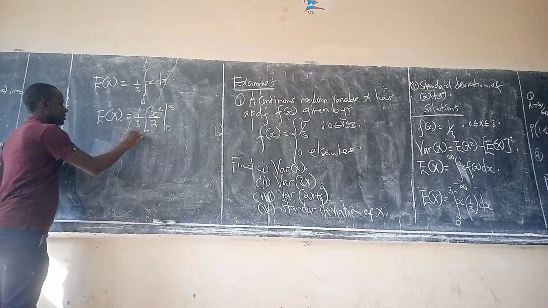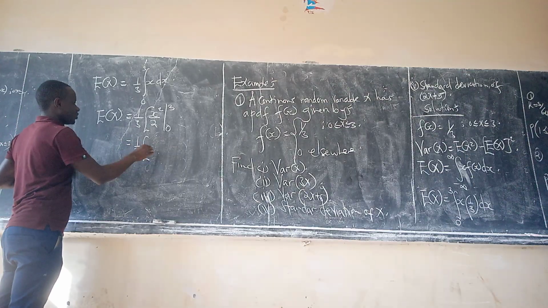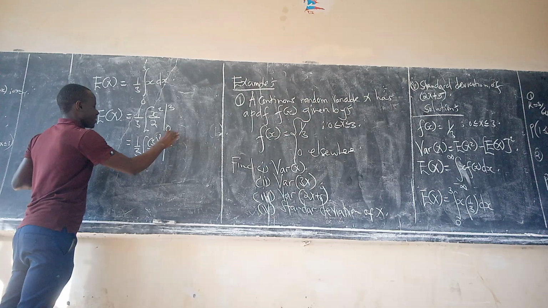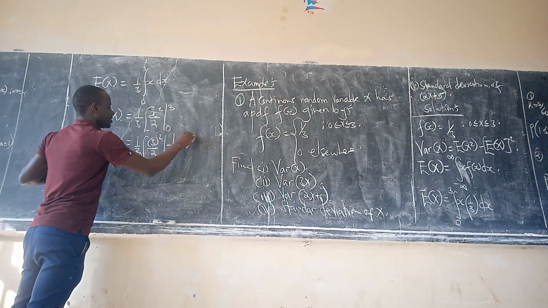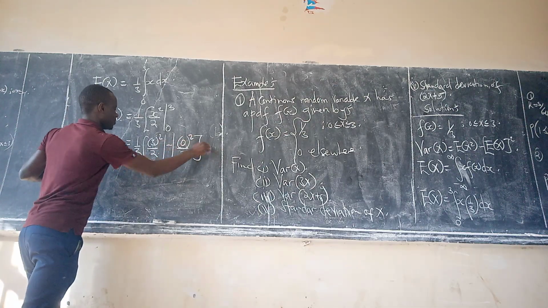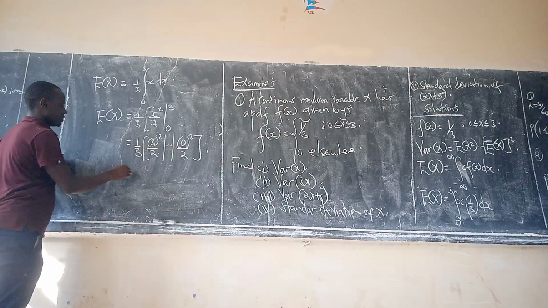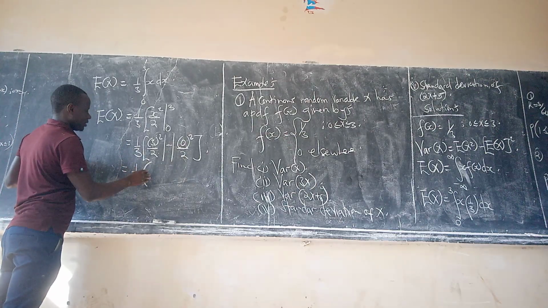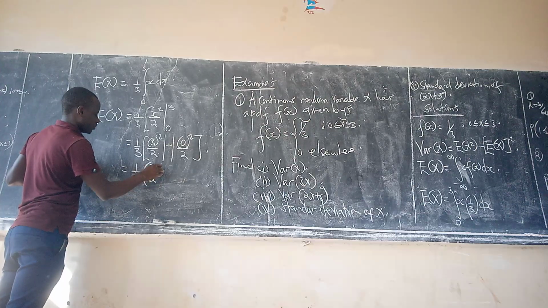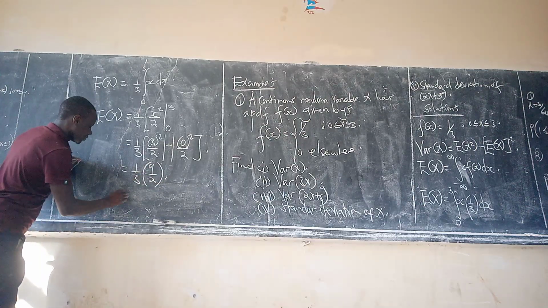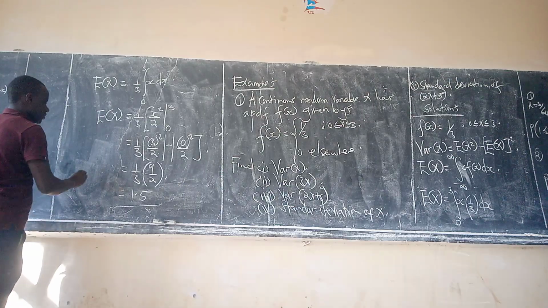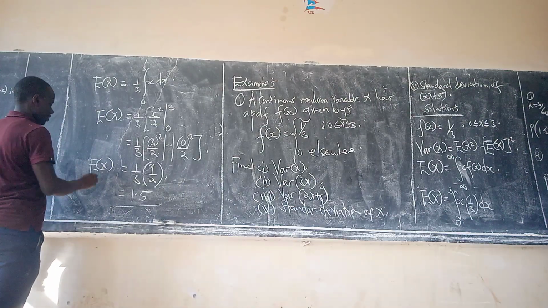Putting the upper limit, a third into 3 squared over 2 minus 0 squared over 2, which is a third into 9 over 2, which will definitely be 1.5. So this is the expectation of x.